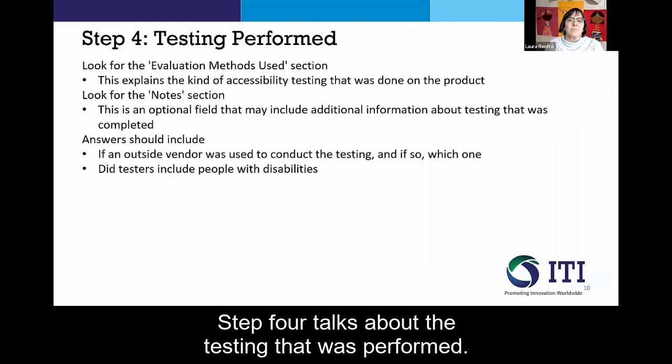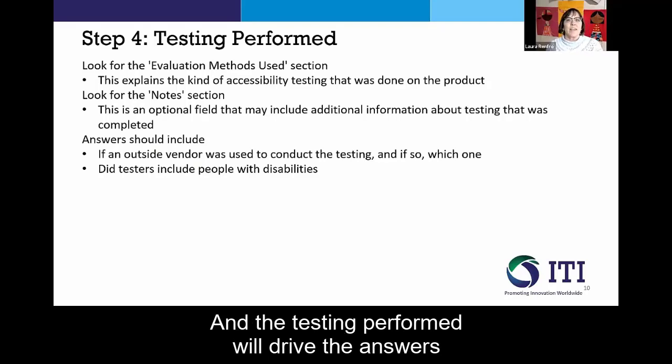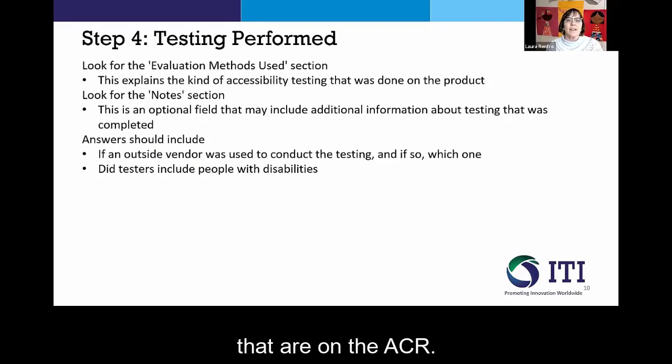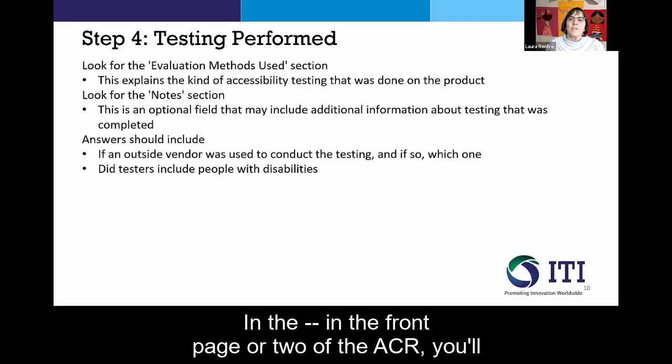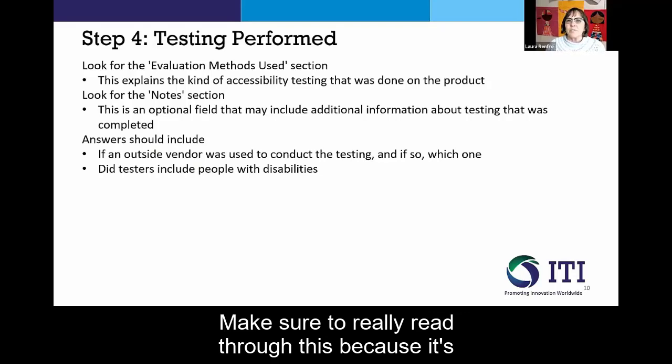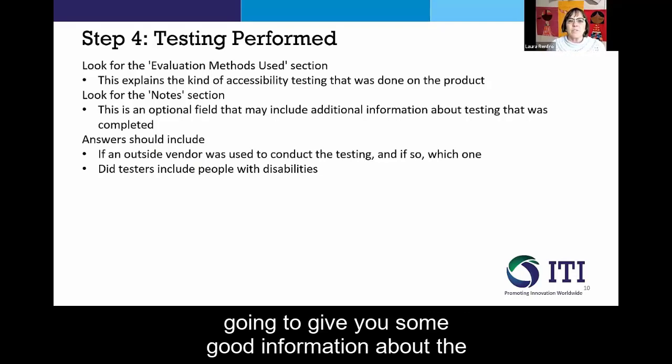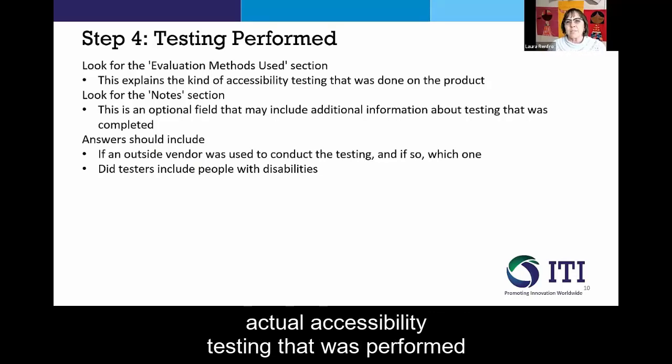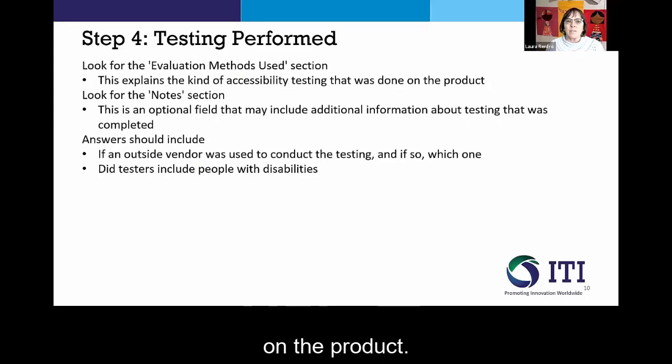Step 4 talks about the testing that was performed, and the testing performed will drive the answers that are on the ACR. In the front page or two of the ACR, you'll see a section that's called Evaluation Methods Used. Make sure to really read through this because it's going to give you some good information about the actual accessibility testing that was performed on the product.